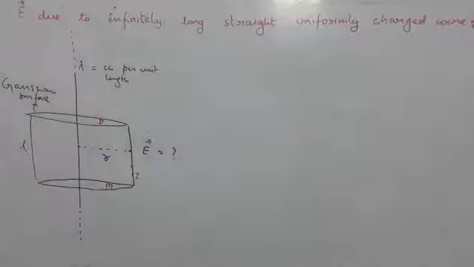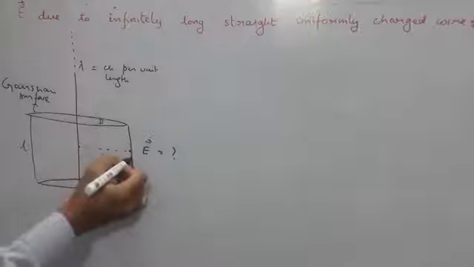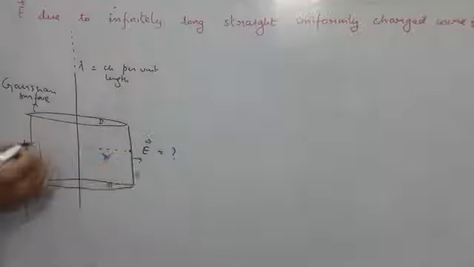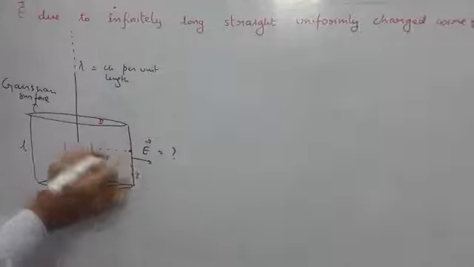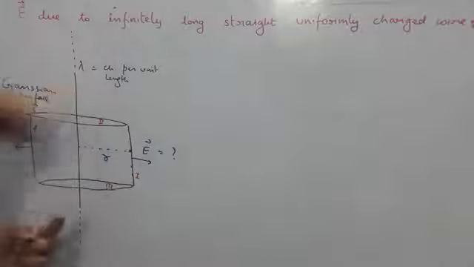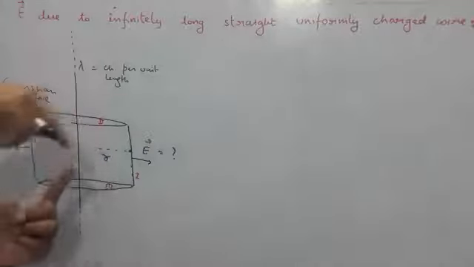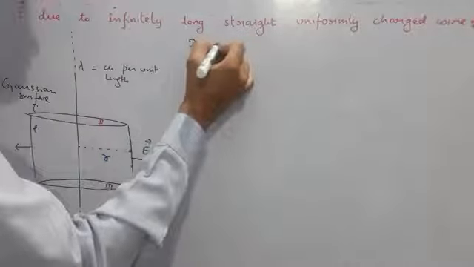Let us first calculate the total flux through this particular cylinder. It is obvious by symmetry that the electric field must be directed like this, in that region. Here it should be directed like so. On this cylinder, it will be directed radially outward. So that is our first statement.